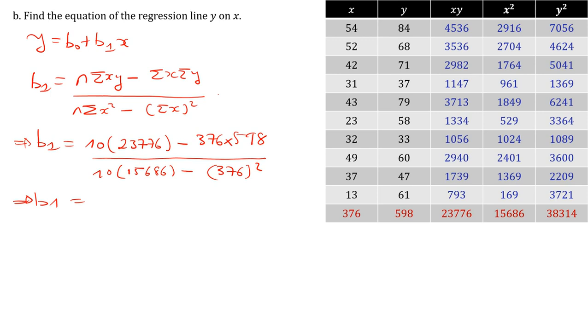So what is on the numerator gives 12,912, divided by what's on the denominator.